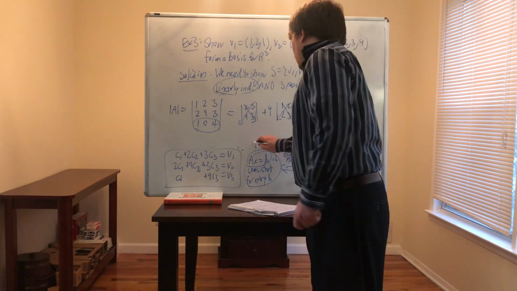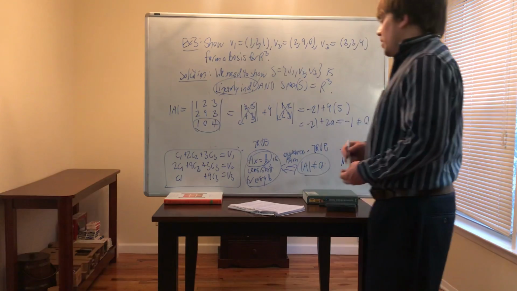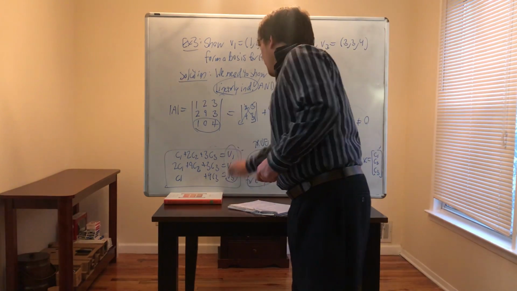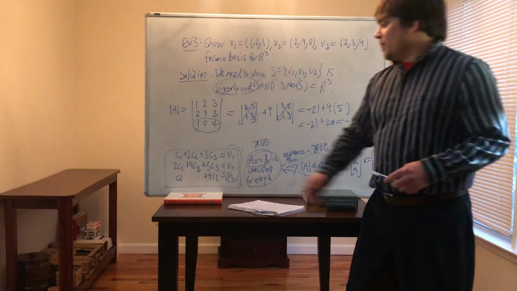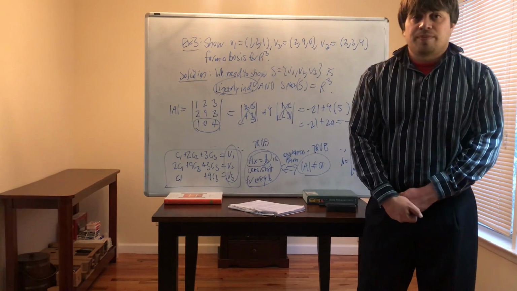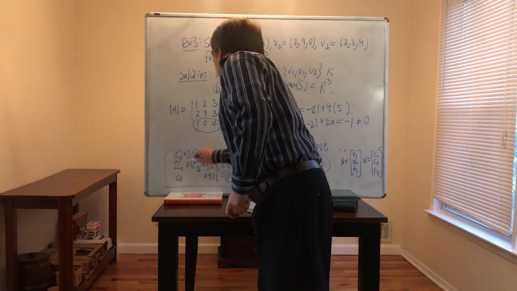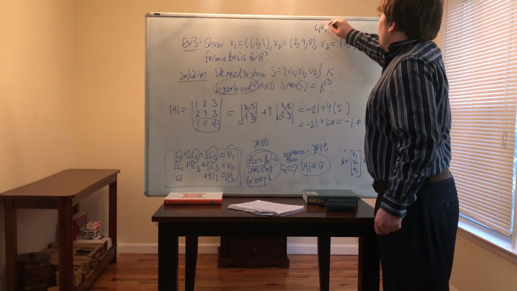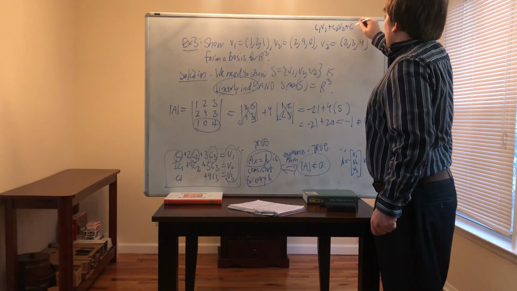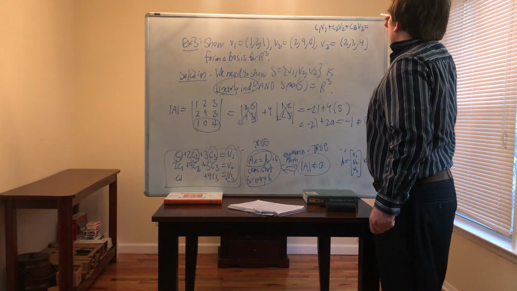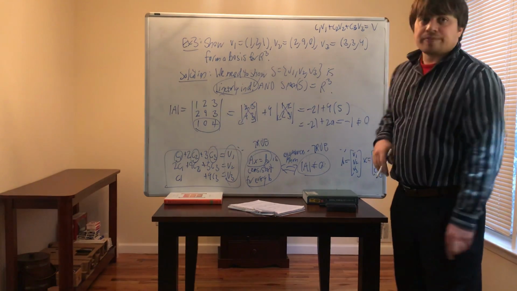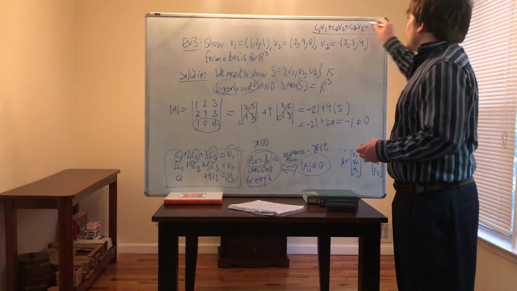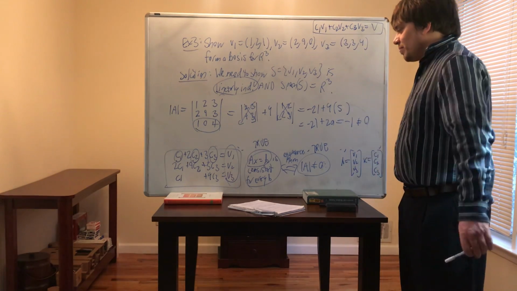And so it's also true, because they have the same truth value, that Ax equals b is consistent for every b. That means for any vector v you choose in R3, where v1, v2, and v3 are its components, this linear system has at least one solution. That means there are values for c1, c2, and c3 that satisfy all three equations, such that c1 v1 plus c2 v2 plus c3 v3 is equal to your vector v, which is v1, v2, v3.